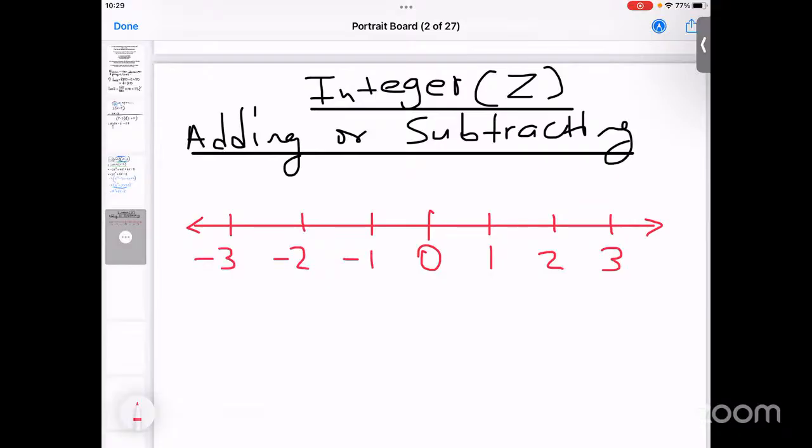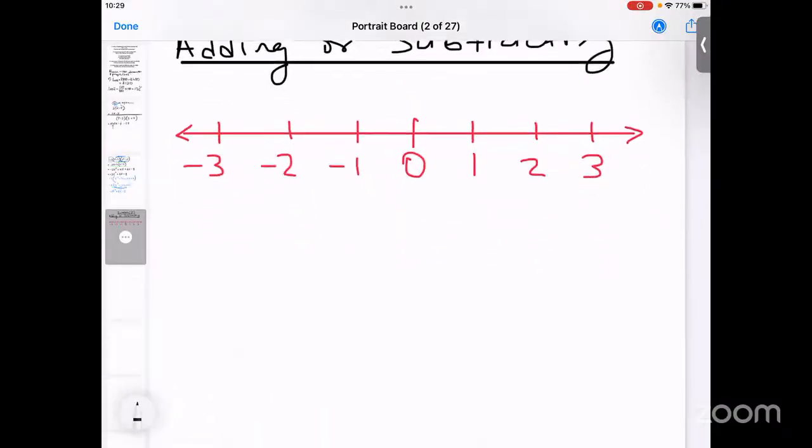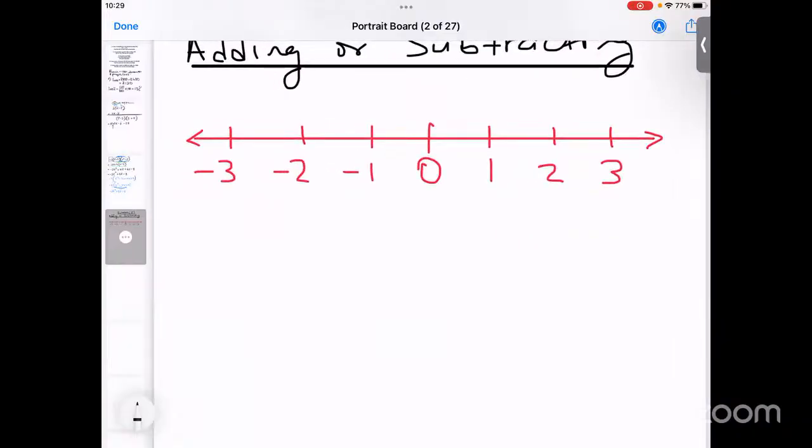So these are the integers. So now let's do just a few examples to actually have an understanding of how we would do the calculations related to the integers.